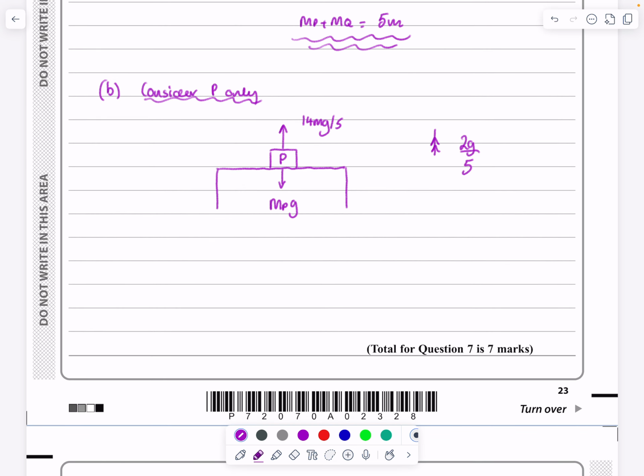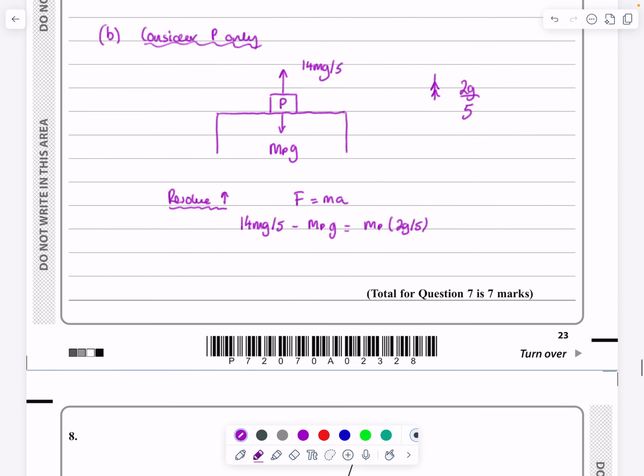So now I can just do F equals ma again, just for particle P. So if I resolve vertically, F equals ma, I know that it's going upwards, which means the 14mg over 5 is bigger than the mpg going downwards. So I get 14mg over 5 minus mpg is equal to mp times 2g over 5.